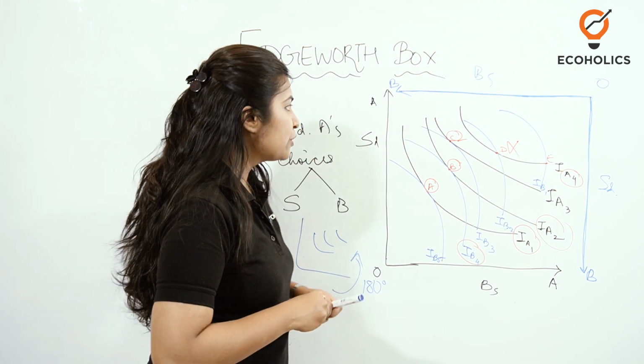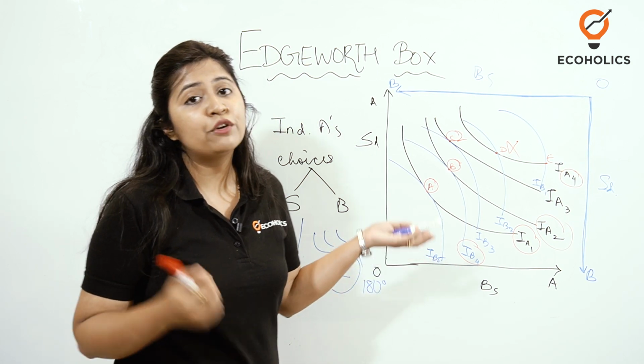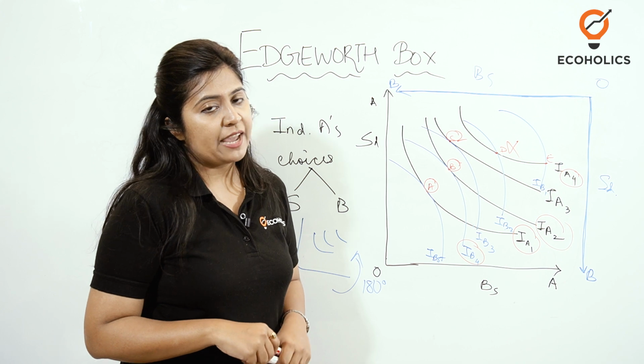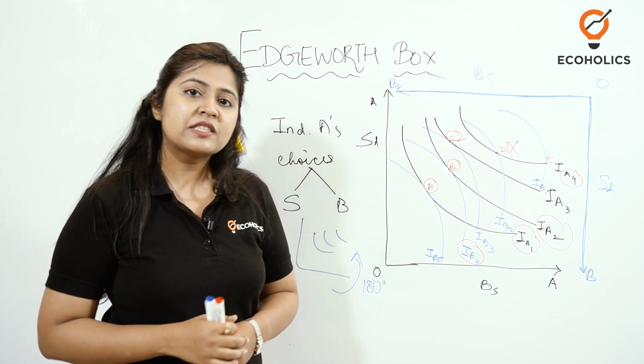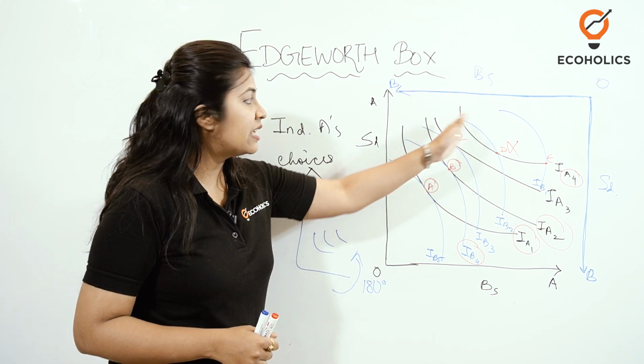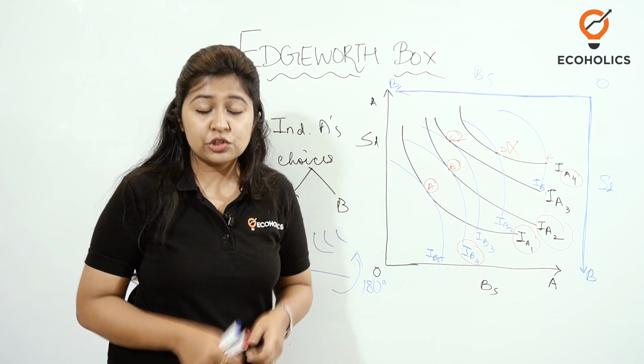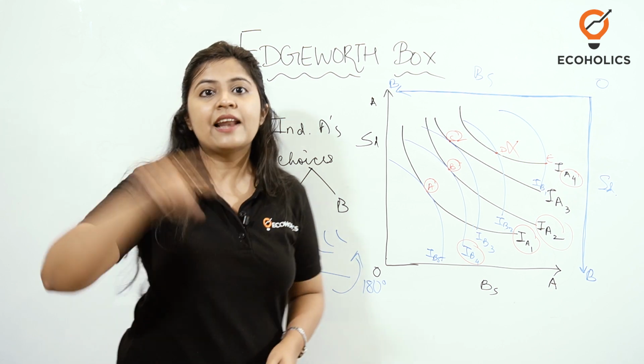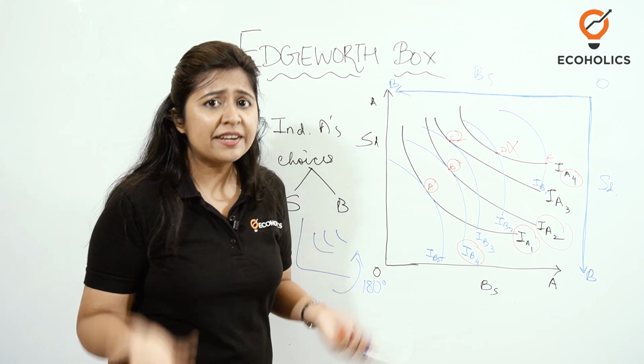So we have three positions over here, all are Pareto efficient, and this is the basic usage of the Edgeworth box diagram. There's also a very interesting way in which we can showcase these various tangential positions in an Edgeworth box diagram, by making a contract curve. So what is the contract curve?